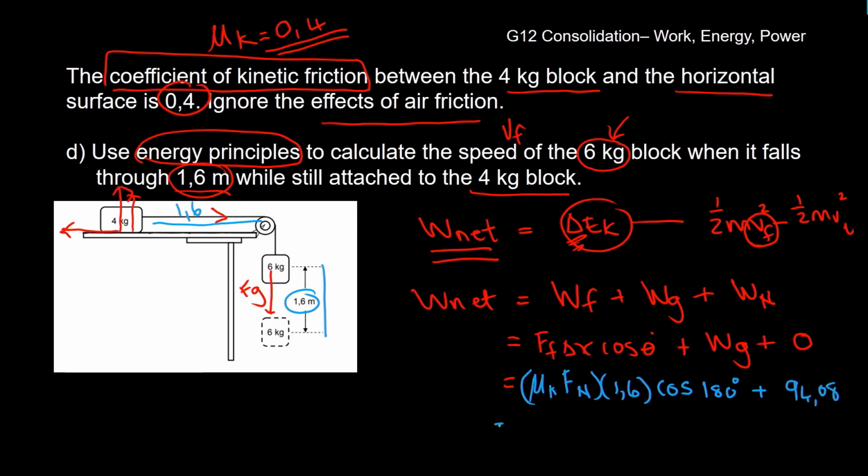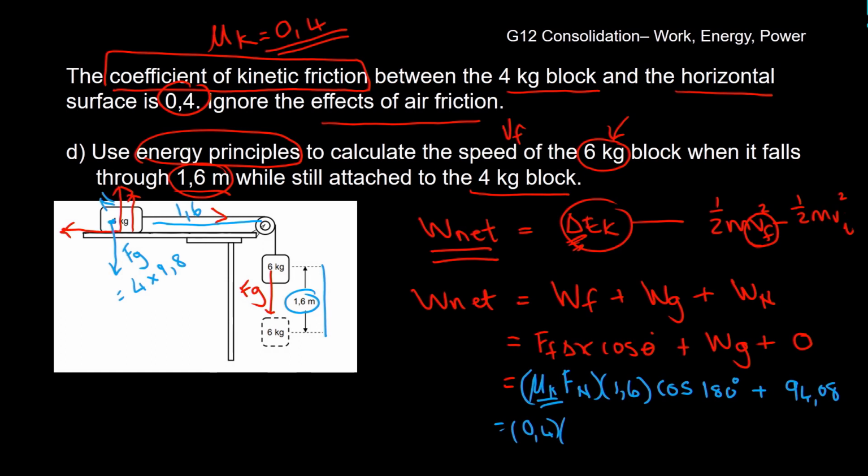Okay. This is 0.4. It's been given to us. Our normal force: if we look at this block, we know that the 4 kilogram has a gravitational force equal to 4 times 9.8. The normal force is exactly the same in magnitude but opposite in direction.